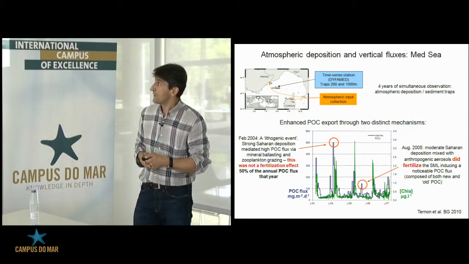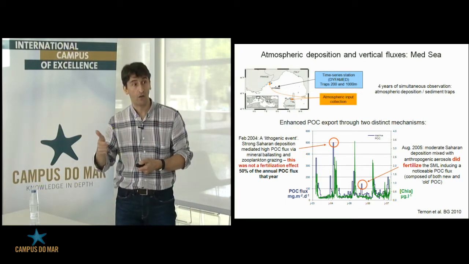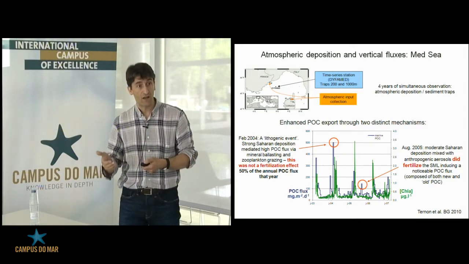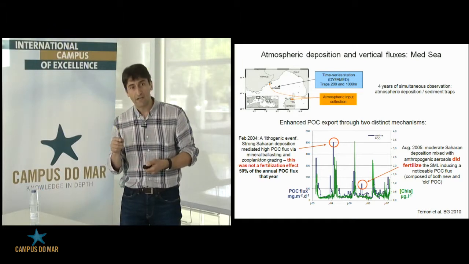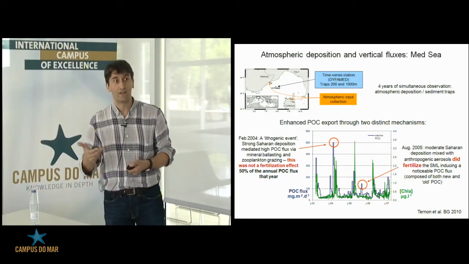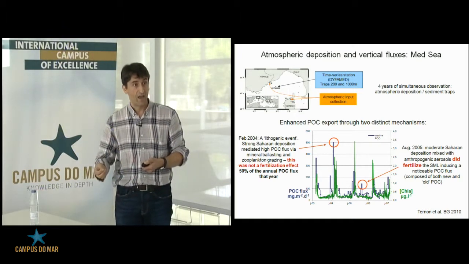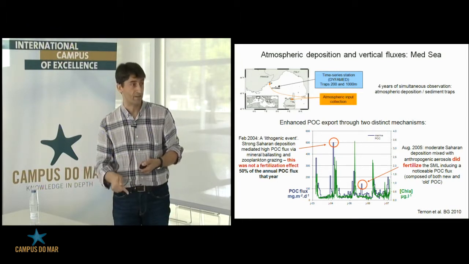So basically, when there is a strong event of dust deposition onto the surface of the ocean, vertical fluxes of material tend to increase. But interestingly, most of the time it's not that the biota is fertilized. What happens is that the mineral particles coming in actually trigger the export of organic matter that was already present in the system.